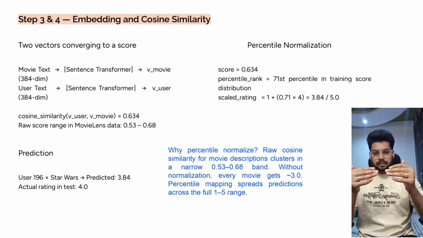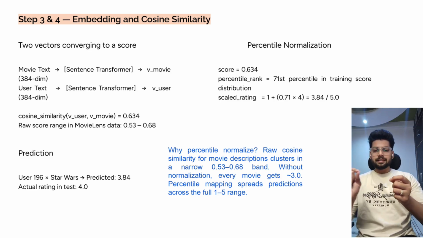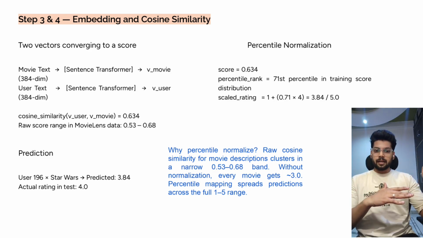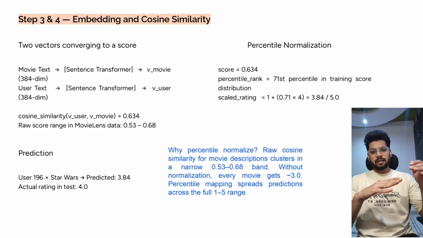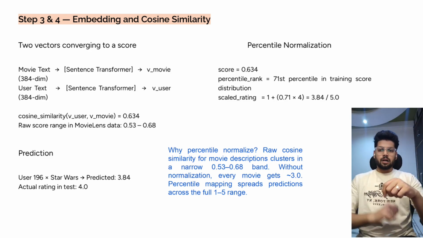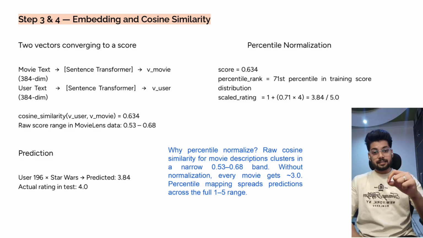A score of 0.634 sits at the 71st percentile of all the training similarities, so we map that to 1 plus 0.71 times 4, which gives 3.84 out of 5. The actual rating in the test set for user 196 and Star Wars is 4.0, so we are off by 0.16 on this example, and I think that is a good prediction.